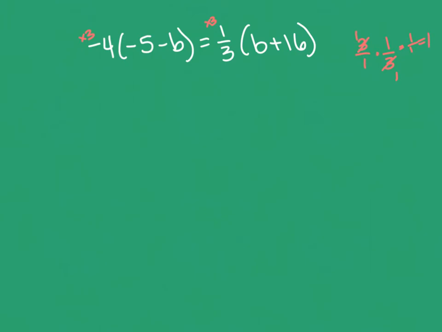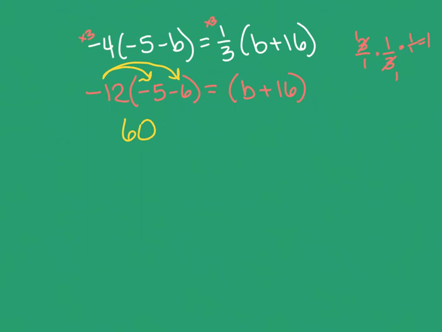And then you're going to get 1 over 1, which is 1. So over here, I'm going to get negative 12. These don't change at all yet. Over here, I ended up with 1. So really, I'm just looking at this now. Okay. Now I will distribute this in. I'm going to get negative 12 times 5, which is positive 60.